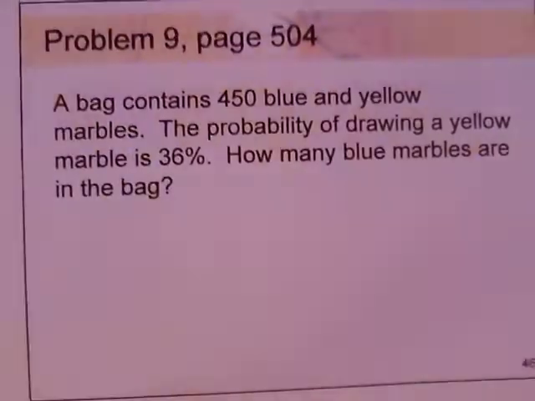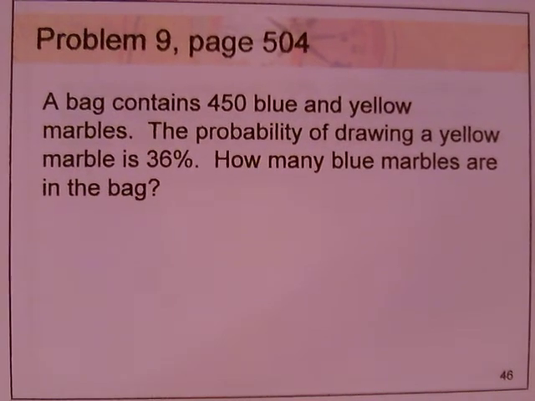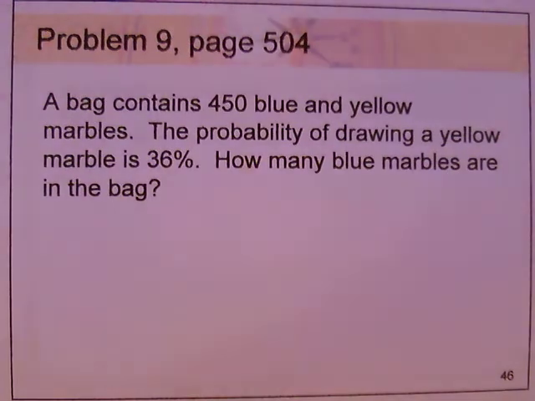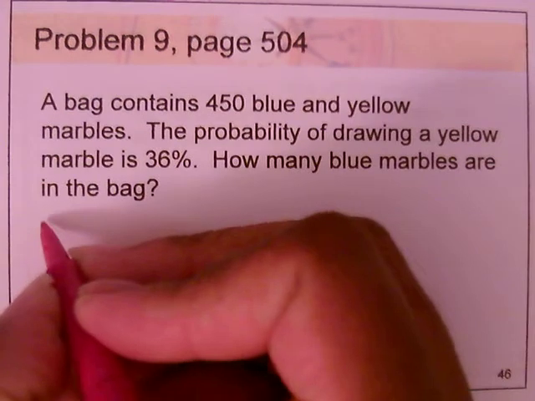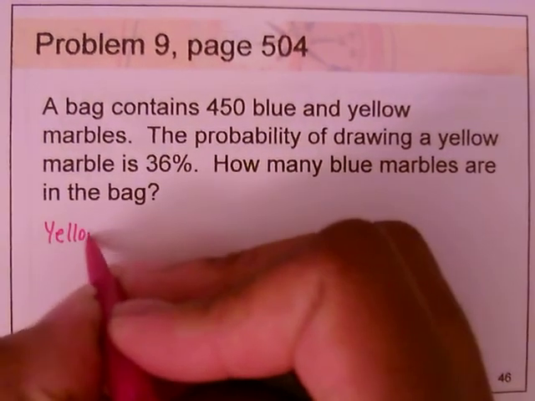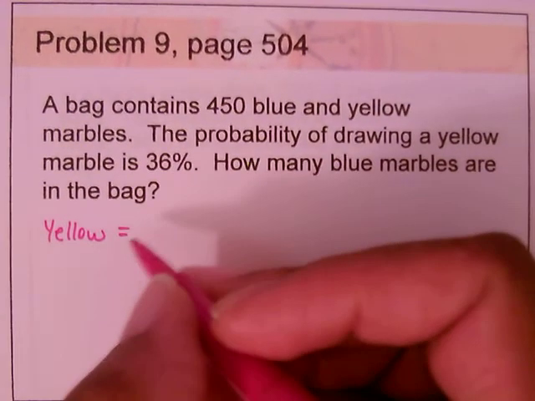Here's problem number 9 on page 504. And it says here a bag contains 450 blue and yellow marbles. The probability of drawing a yellow marble is 36%. How many blue marbles are in the bag? Well, let's find out how many yellow marbles are in the bag. 36% as a decimal will be 0.36.